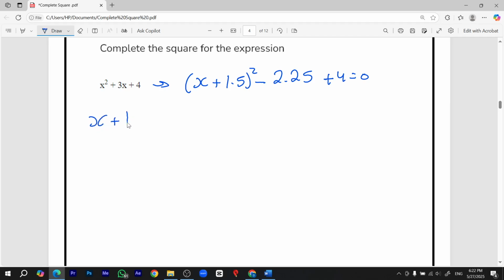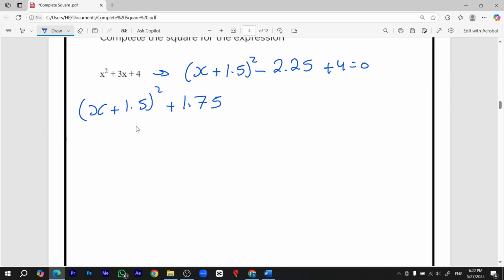So x plus 1.5 squared plus 1.75. Then we take the coordinates if we need to find the turning point. Like I said before, we take the x with the inverse sign, so instead of 1.5 it will be negative 1.5, and the y we take as it is, which is 1.75.